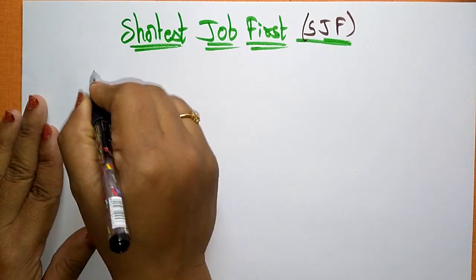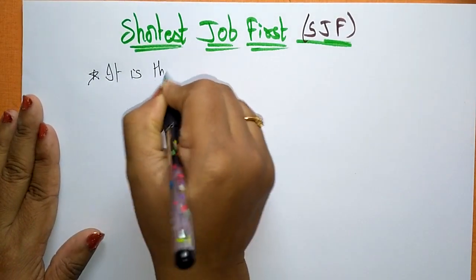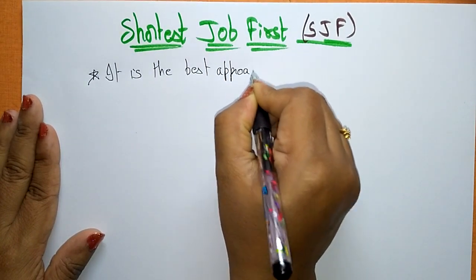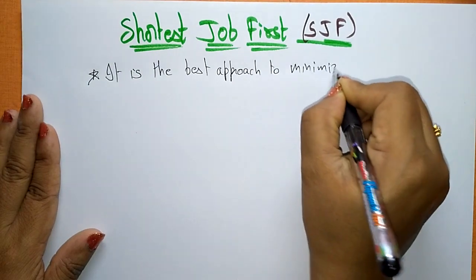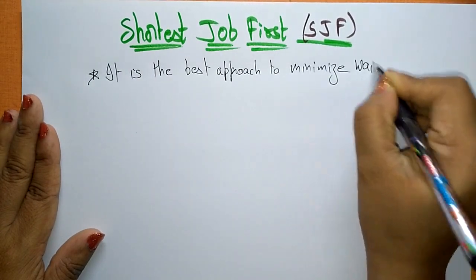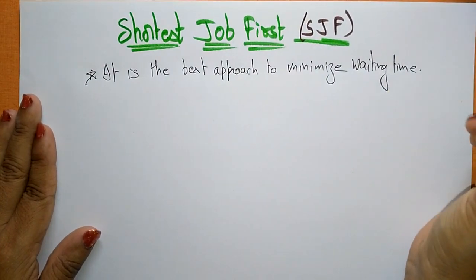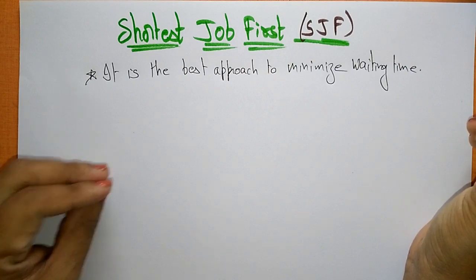So here the shortest job first is the best approach to minimize waiting time, and it also selects the waiting process with the smallest execution time to execute next.